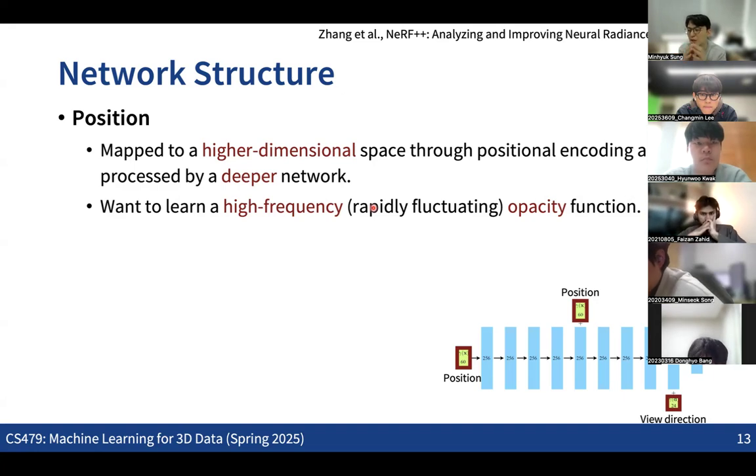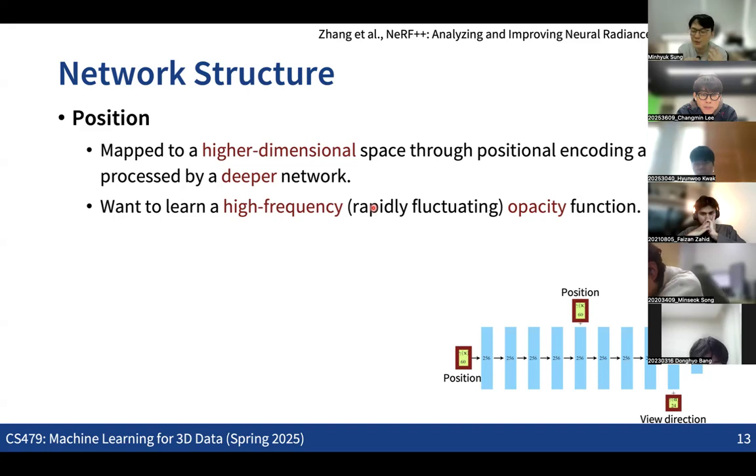It should not be smoothly increasing near the boundary region, but it should be something like a step function, right? Zero for some point, but if you move to the next point, it should be close to one. So that means the opacity function is expected to be a high frequency function.